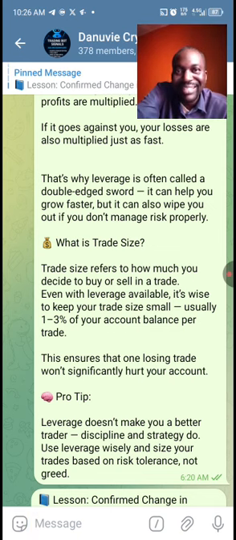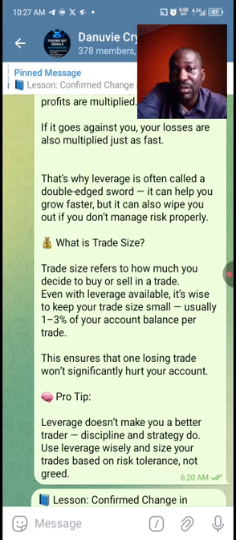That's trade size. So trade size in this sense now is, you have a $100 account and you only want to risk $10 per trade. That's trade sizing. You are losing a very small percentage of your account, and $10 out of $100 is 10%.